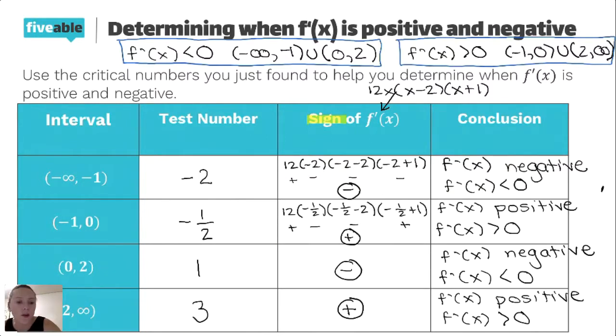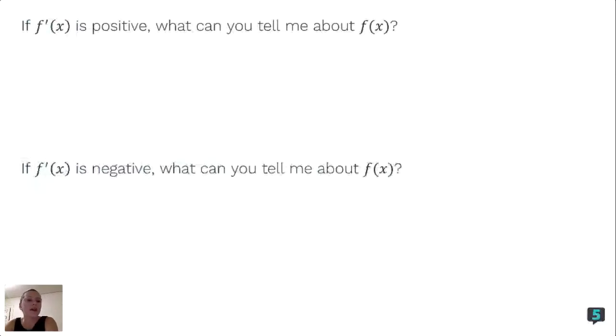All right, so let's take this information we just determined from our chart, and I want to see if you can take this one step further. If f prime of x is positive, what piece of information can you tell me about f of x?